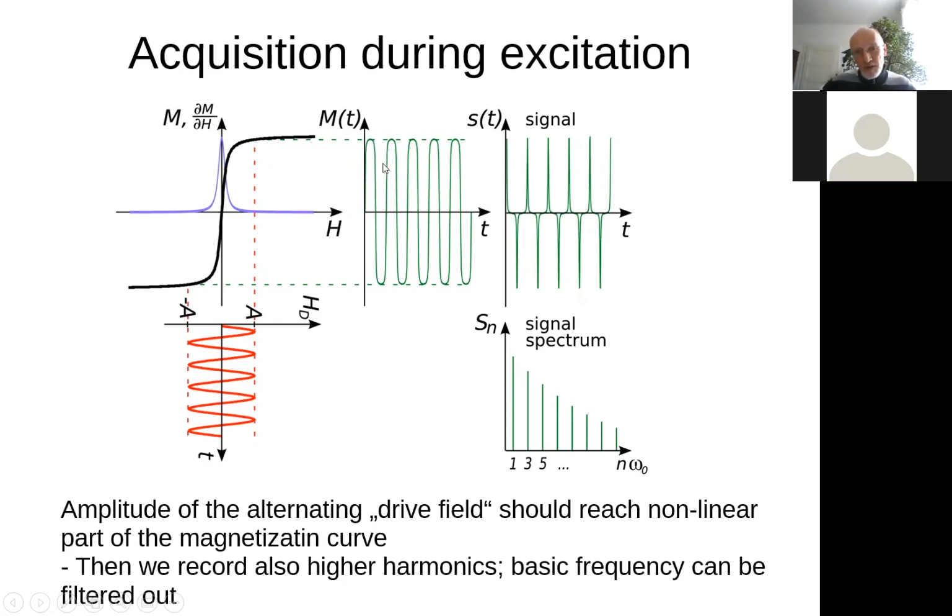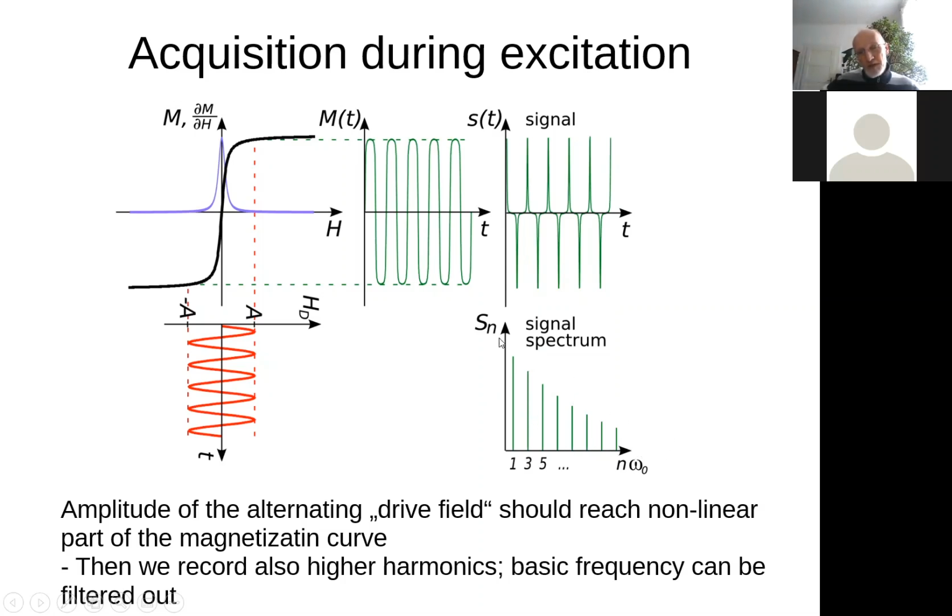But because this is not exactly a sinus, there are also higher harmonics available. Of course, the first frequency, which corresponds to the drive field, contains a contribution mainly from the drive field. But if we have a signal spectrum like this, we can simply filter out this frequency, and for evaluation of the signal, use only the higher harmonics. So this is the method.